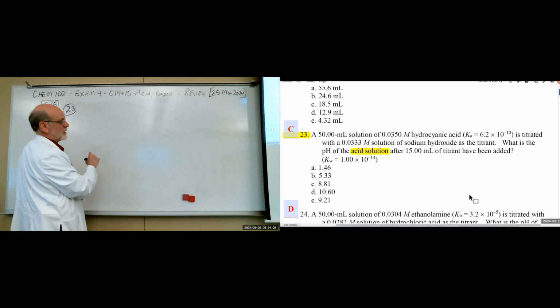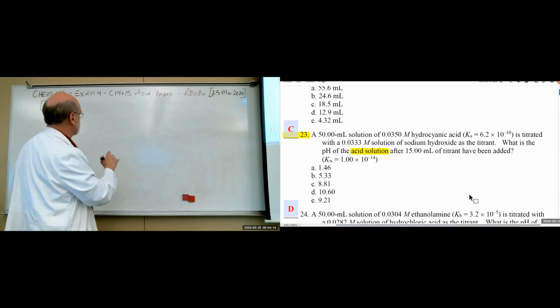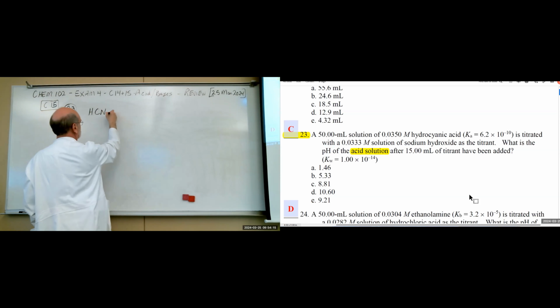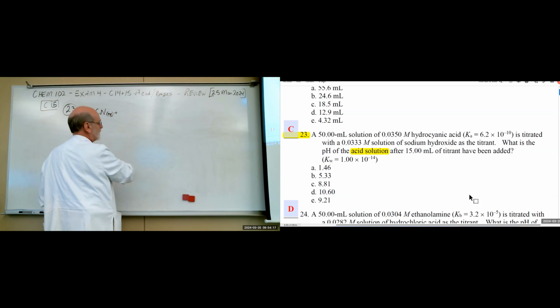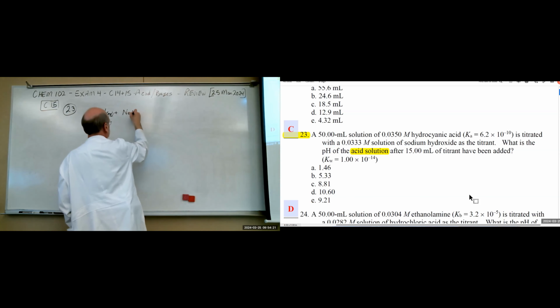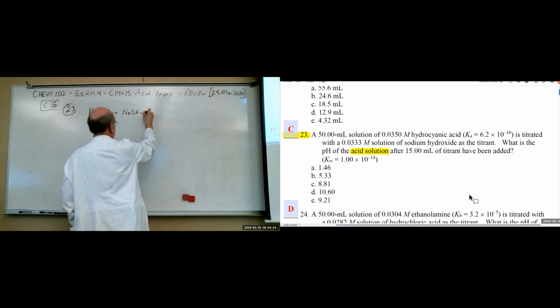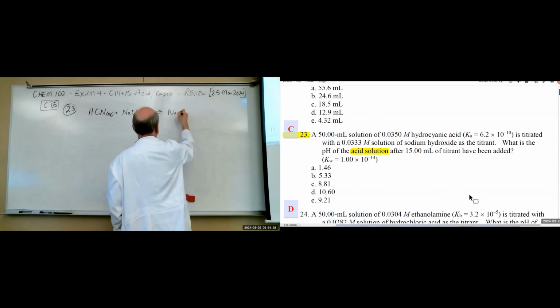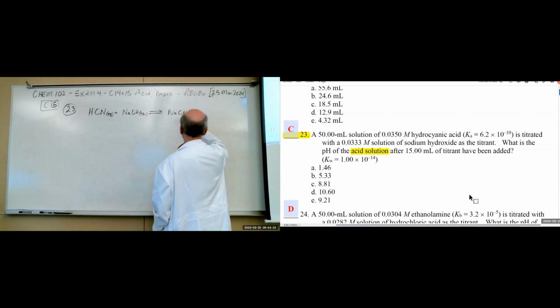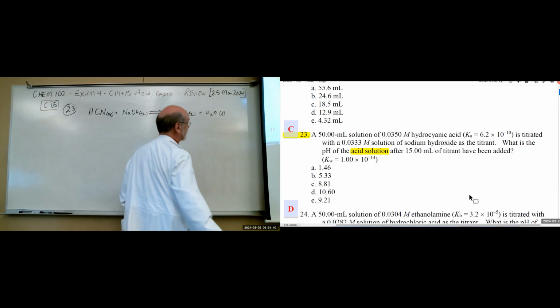All right. So what we've got is hydrocyanic acid. You have to be able to write that. And then we're titrating with sodium hydroxide. Okay, and that's going to produce sodium cyanide in aqueous solution, which means it's broken up. It's completely soluble in water. Okay.